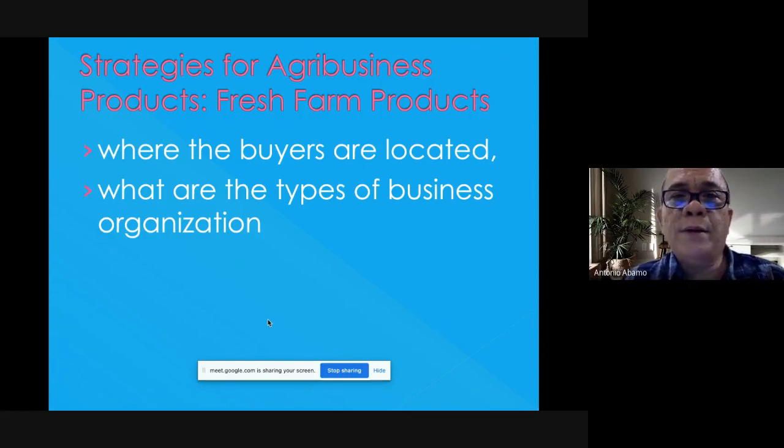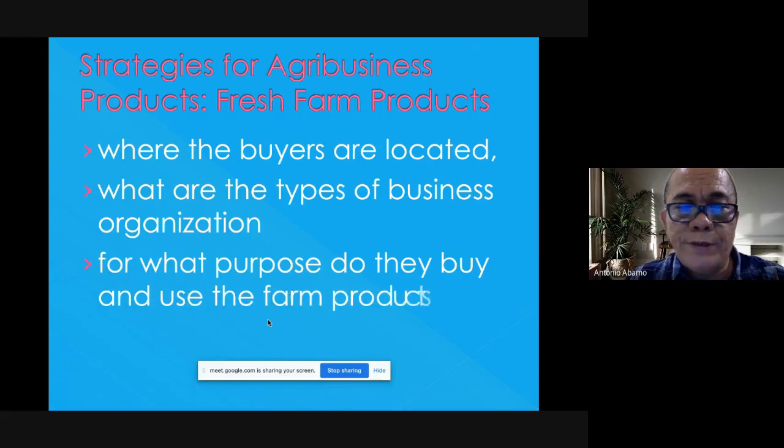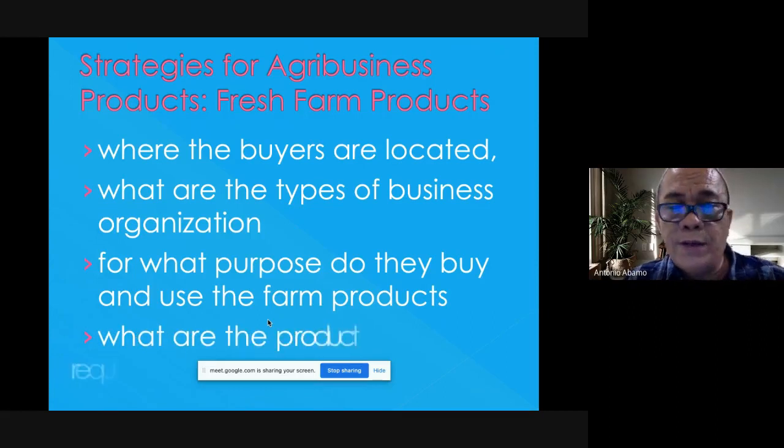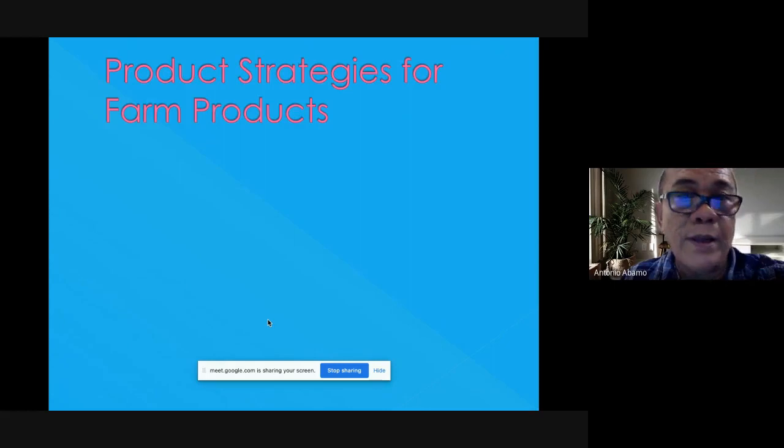That's how we can address this particular problem. No? For what purpose will these buyers buy? What's the buying behavior? And what are the product requirements of the buyers also? Okay, that is, for example, the buying requirements.